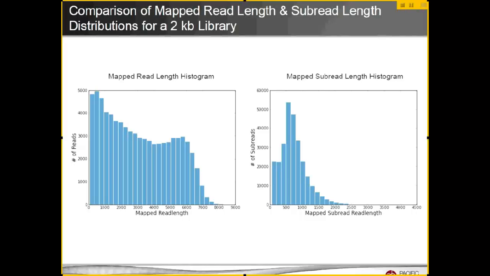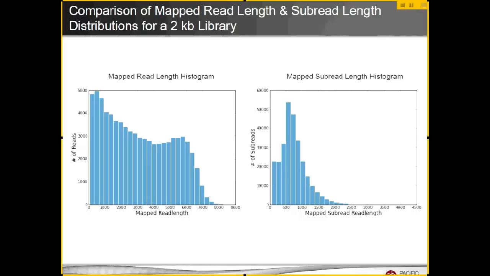But what's most important is the actual subreads, because that's the unique part of the sequence you're trying to read. And here, this isn't as good in one of their official slides. But some of their newer chemistries are getting the peak of the subread length more into the 2,000, 3,000 region, even sometimes centering around 4,000.